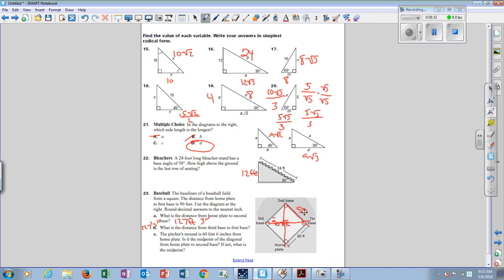The pitcher's mound is 60 feet, 6 inches from home plate. So this is 60 feet, 6 inches from home. Is it the midpoint of the diagonal?